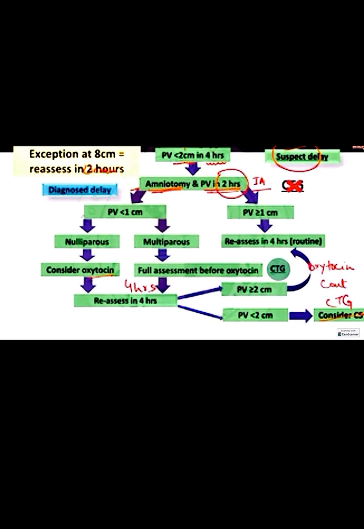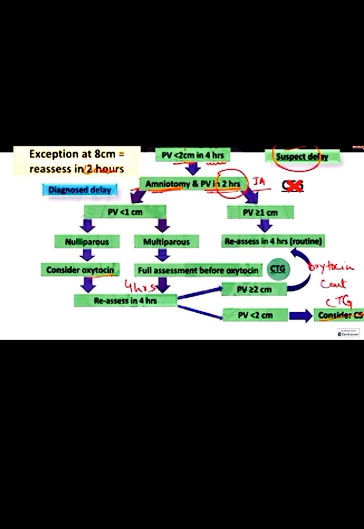Remember another point: when you start the patient on oxytocin, you will change from intermittent auscultation to continuous CTG. This is also one of your SBAs, the indications for CTG.